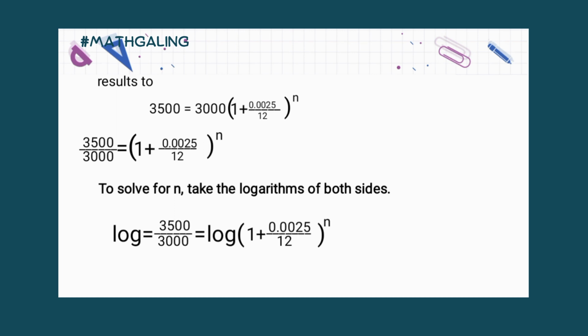To solve for n, take the logarithm of both sides. Log of 3,500 over 3,000 is equal to logarithm of 1 plus 0.0025 over 12 raised to the power of n.